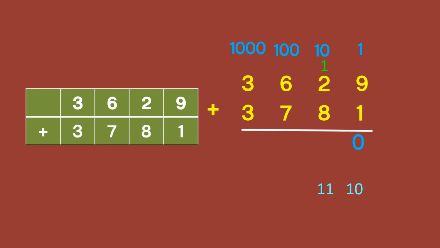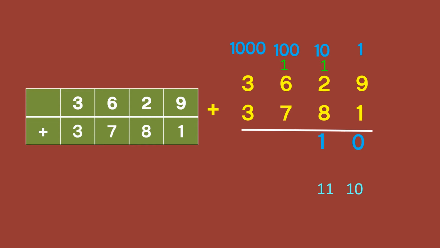Yes, we have got one bundle. Therefore, I'm going to give that bundle of 10 to hundreds place and only 1 remains under tens place. So, when I give a bundle of 10 to hundreds place from tens place, that becomes only 1 in hundreds place.